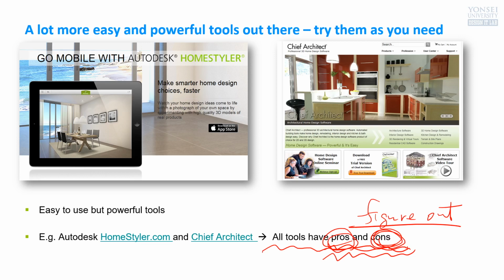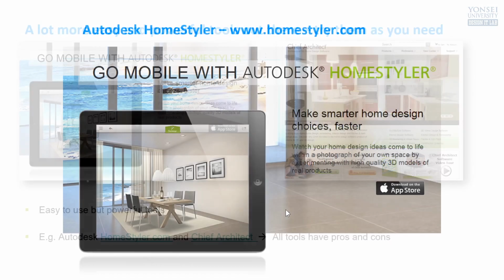Even if our main tool is Revit and 3D Max, you can still have more choices and options for better outputs, better results. Okay, so my point is figure out each tool's pros and cons and take maximum advantage. That's a very important point.